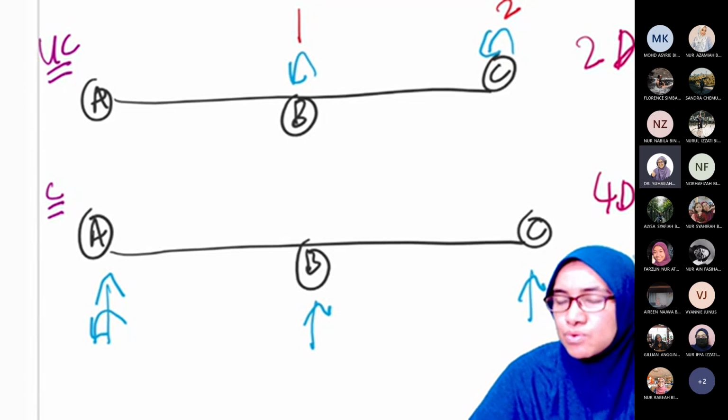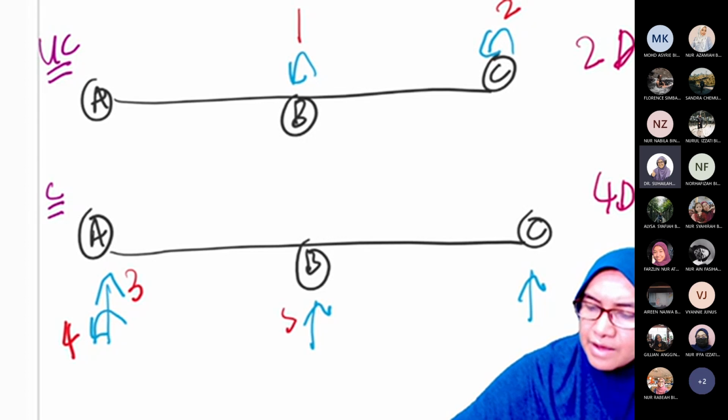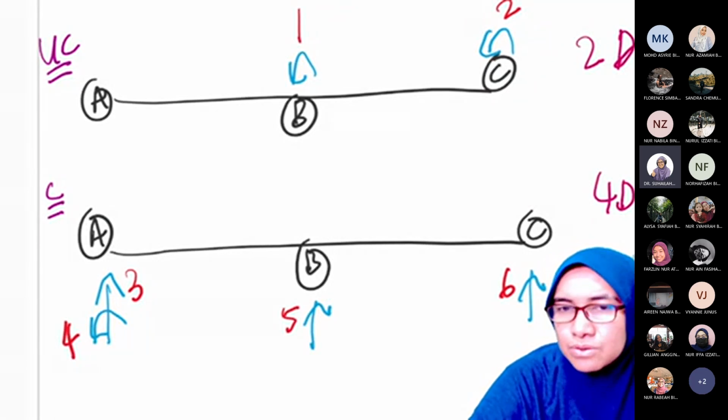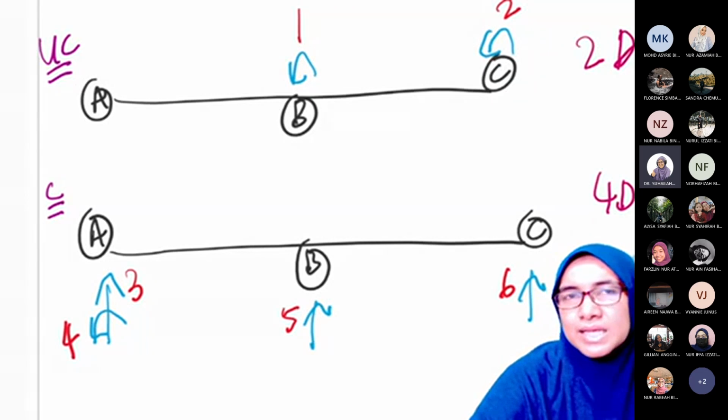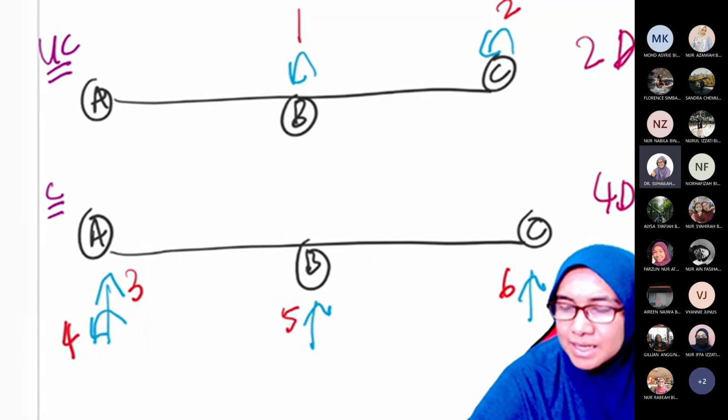So we continue to label 3, 4, 5, 6. So we have D1 until D6.